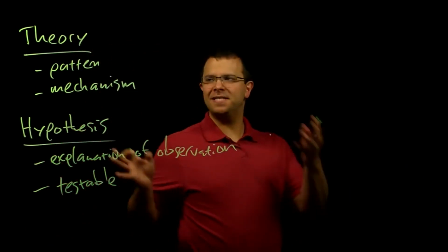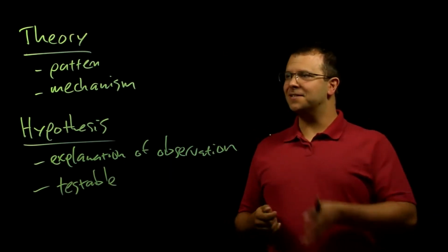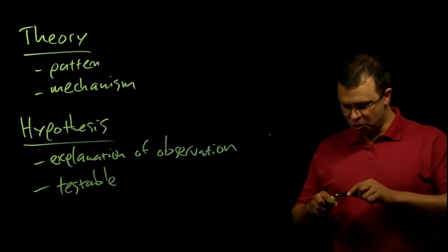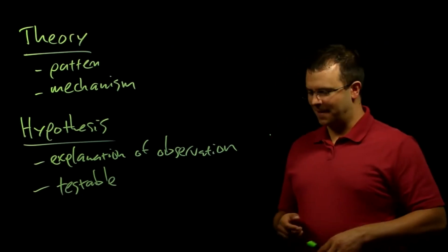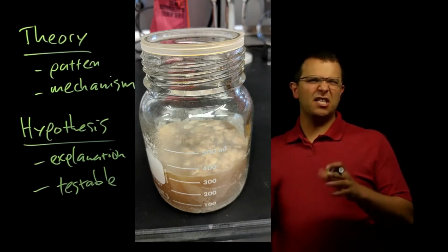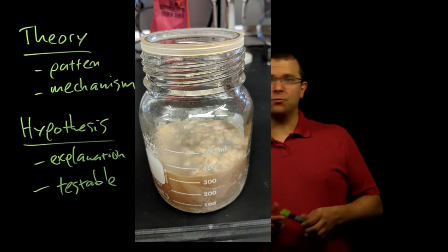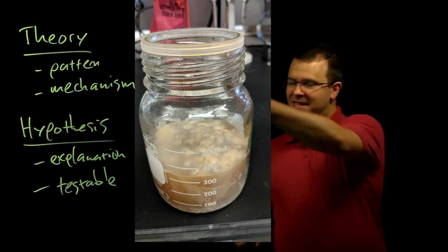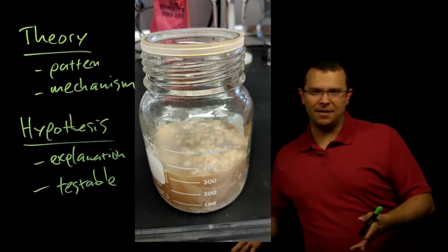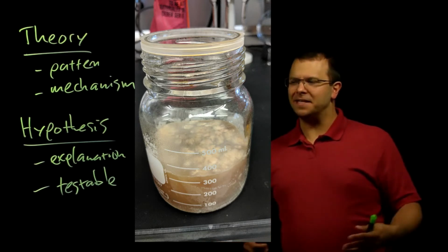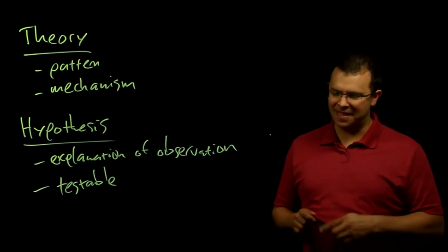And so let's compare cell theory, this idea that all things that are alive are made of cells and those cells come from other cells, to an observation, which is that if I leave some broth out on the tabletop overnight, things start to grow in it. Why is that the case? Well, I can use this theory that everything that is alive is made of cells, and those cells all came from somewhere, to develop a testable hypothesis, a testable explanation of that observation.